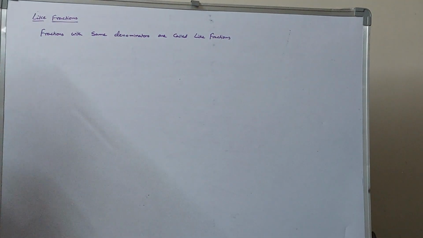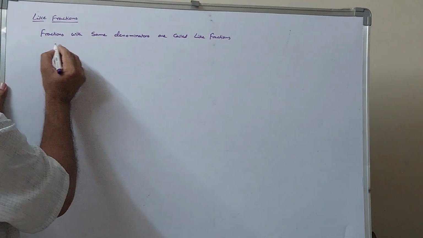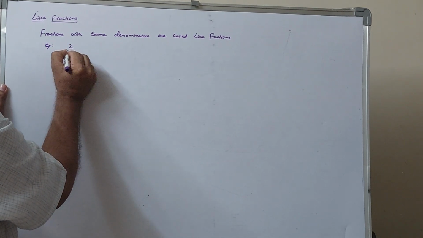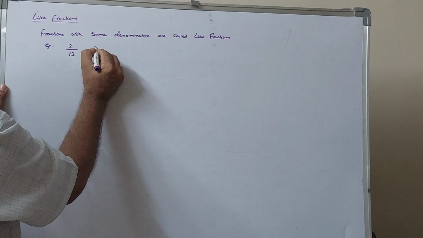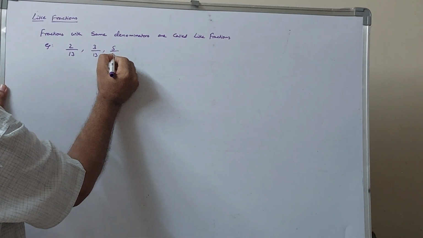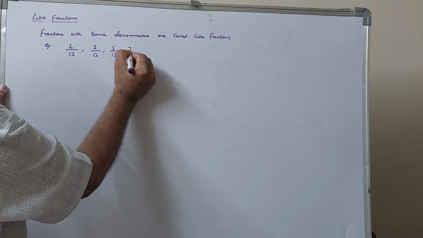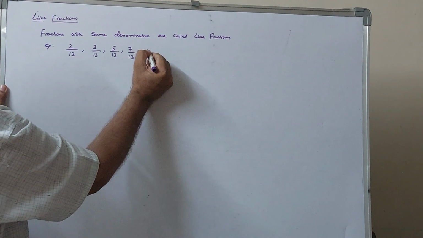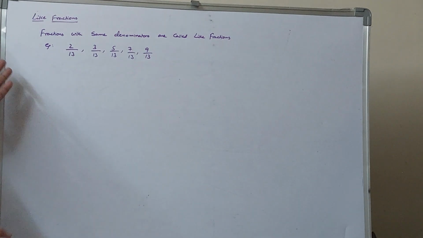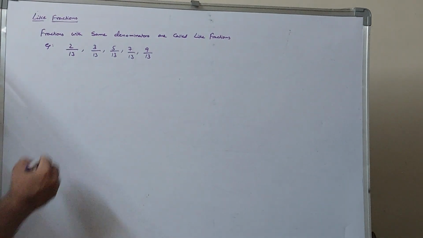For example, 2 by 13, 3 by 13, 5 by 13, 7 by 13, 9 by 13. Like that we can write examples of like fractions.